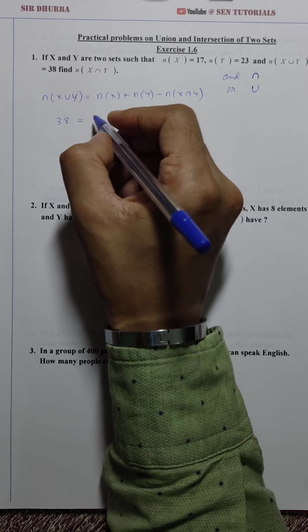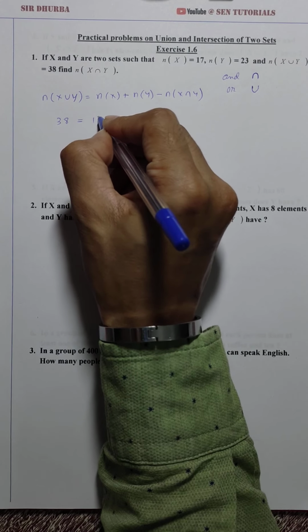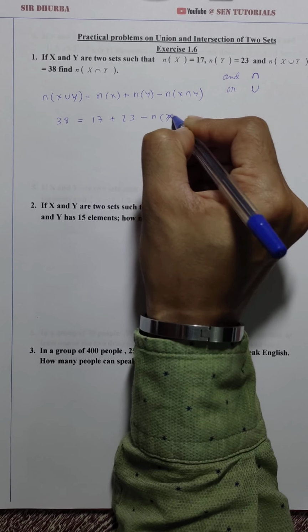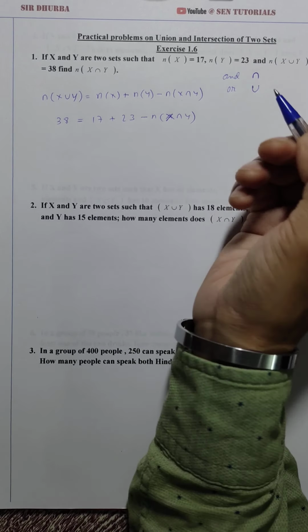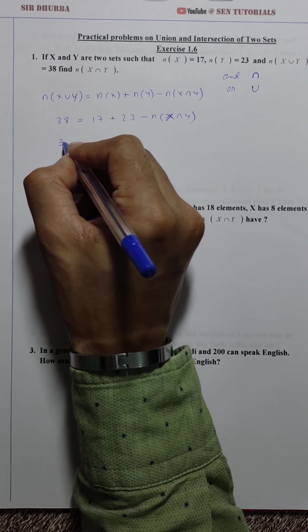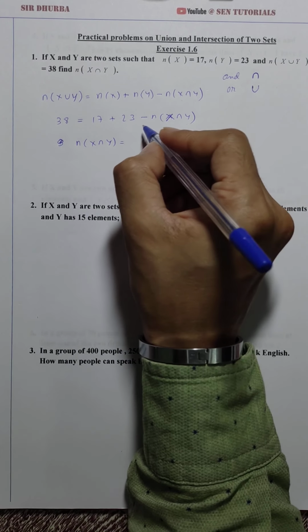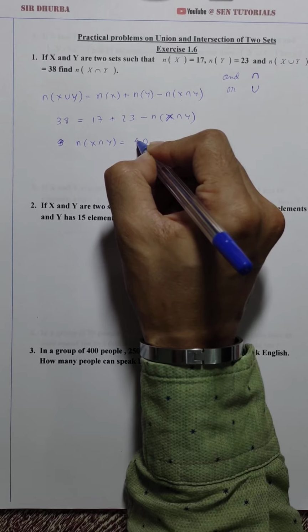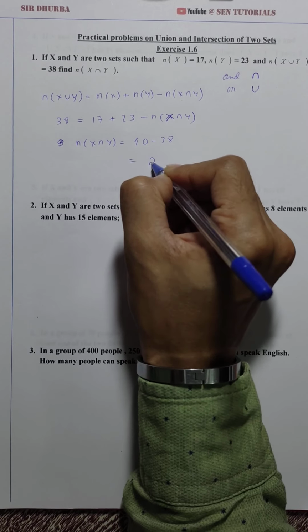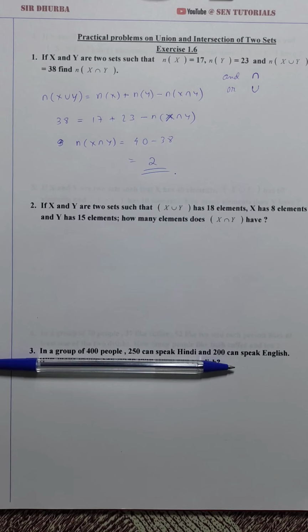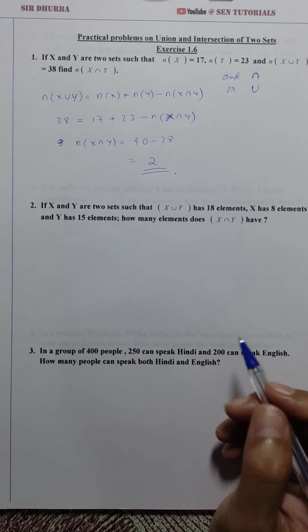X union Y is already given, 38, and n(X) plus n(Y) is 17 plus 23, minus n(X intersection Y). So I can easily calculate this: n(X intersection Y) would be 40 minus 38. So we have two elements which are present in both X as well as in Y. Simple question. Okay.